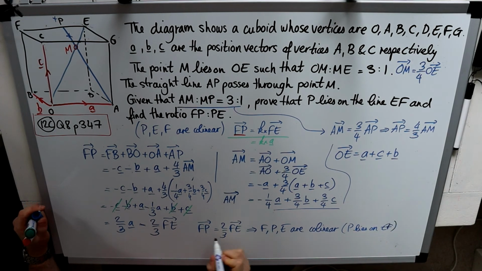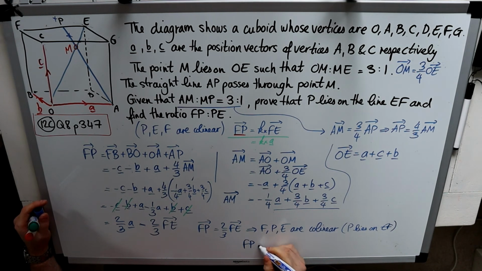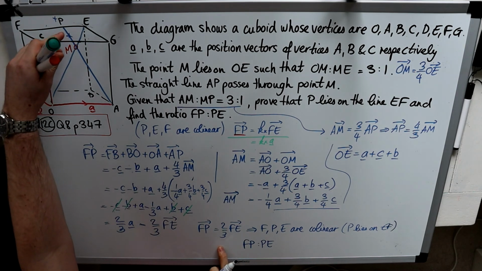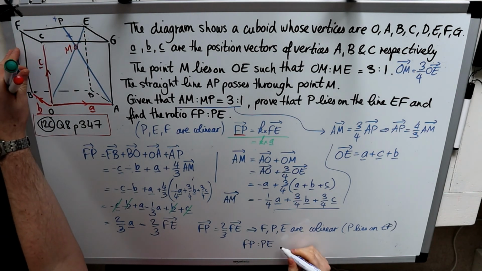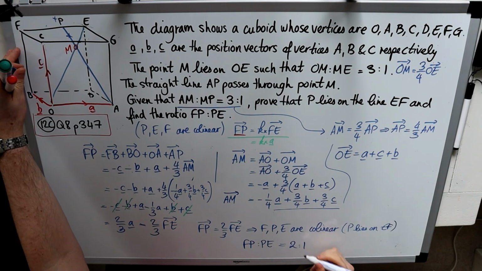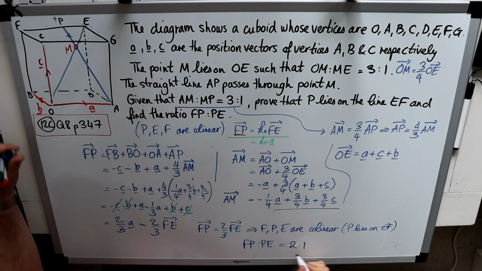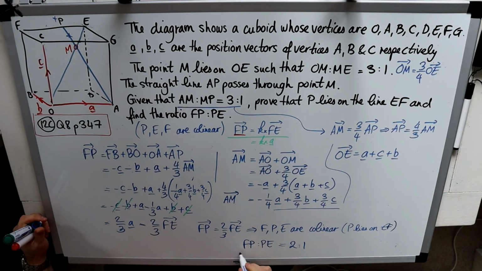And on top of it, because I know this, that means that P is 2/3 of the way along FE, which means that the ratio FP to PE, if FP is equal to 2/3 of the whole thing, is equal to 2 to 1. So in total I have 3 parts. There we go. So that is the way that the book told us to do it.